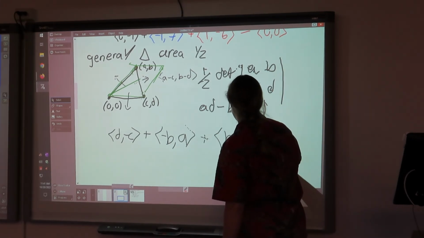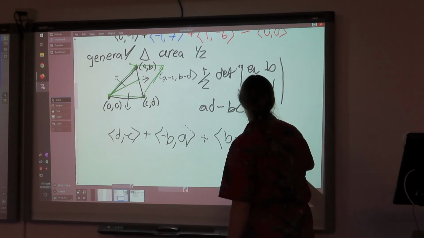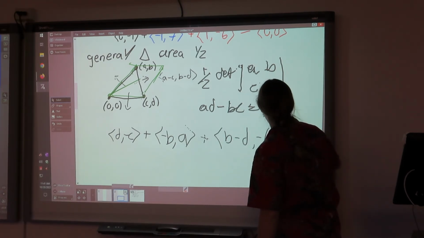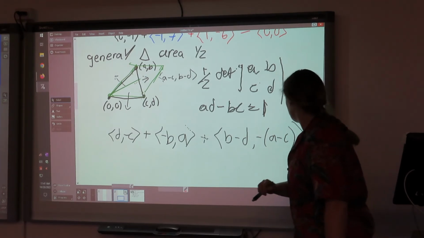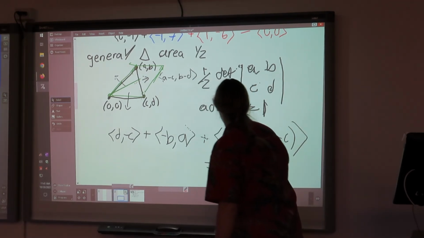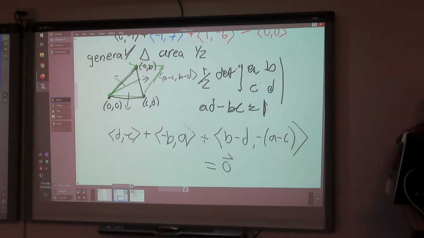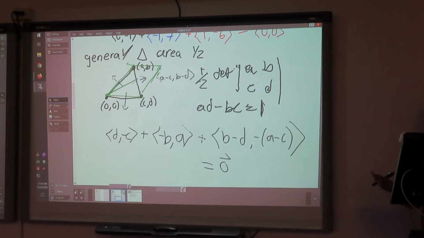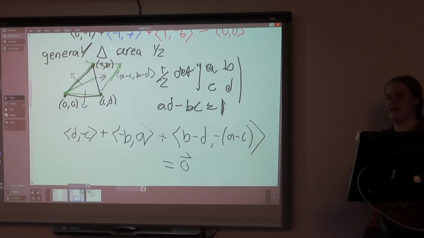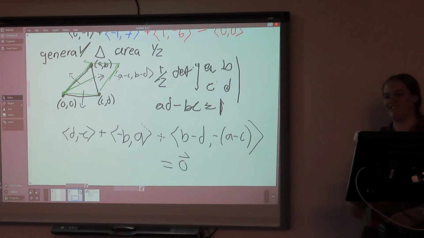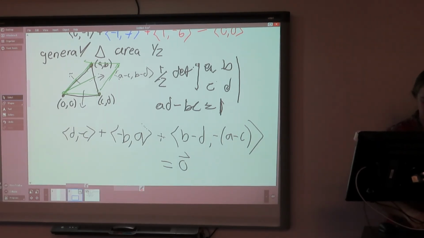We're going to have B minus D and negative A minus C. You add those all up, you get the 0 vector, which is good. We know that every single triangle of area 1/2 has a corresponding plane curve that's balanced. From there, any Newton polygon can be broken into triangles of area 1/2. That's how you can see in the induction. We're done. Every tropical curve is balanced.